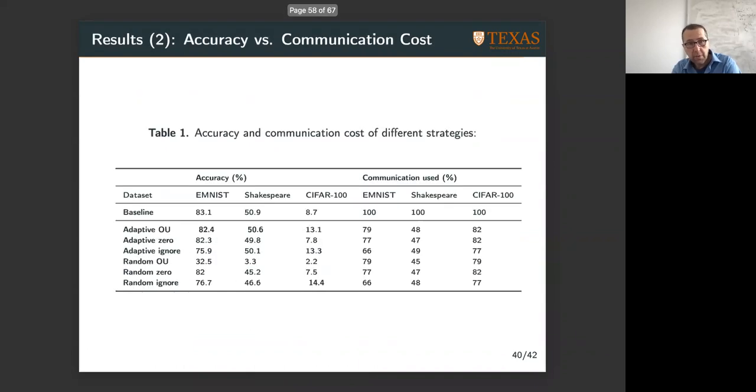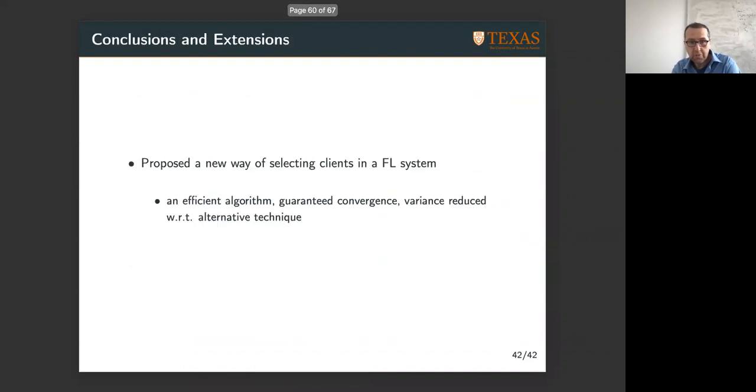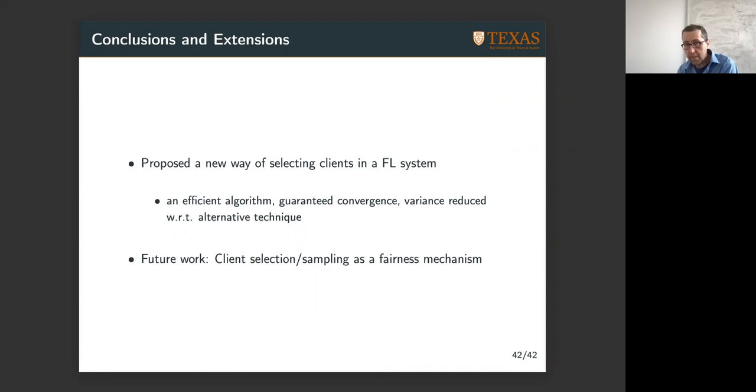In the interest of time, let me summarize the contribution of this part. We propose a new way of selecting clients in federated learning systems. In addition to this, we explored another dimension. If you remember, there are two ways in which one can tackle this issue of large communication demands. One is the one that we explored, selection of clients. The other one is model compression.